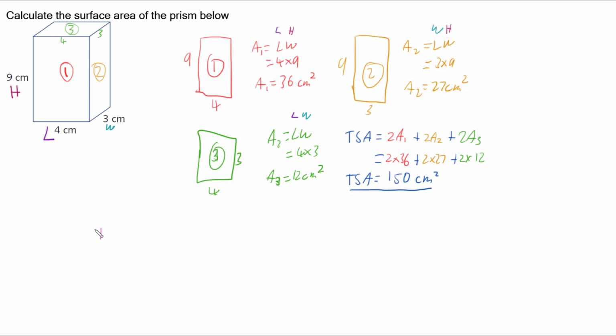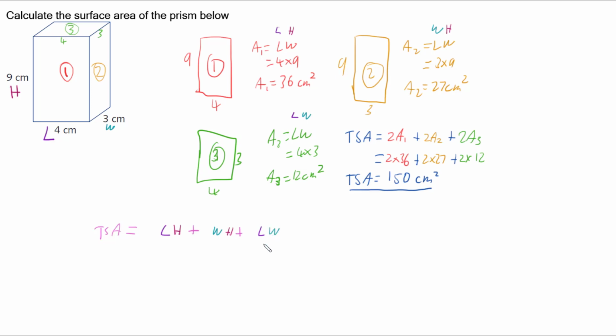You can actually get that the total surface area of a rectangular prism is, well, we've got the length times the height, and you can add on the width times the height, and you can add on the length times the width.